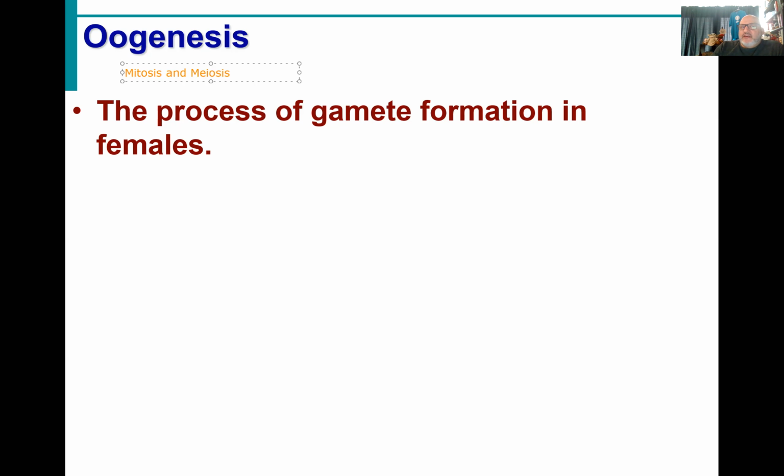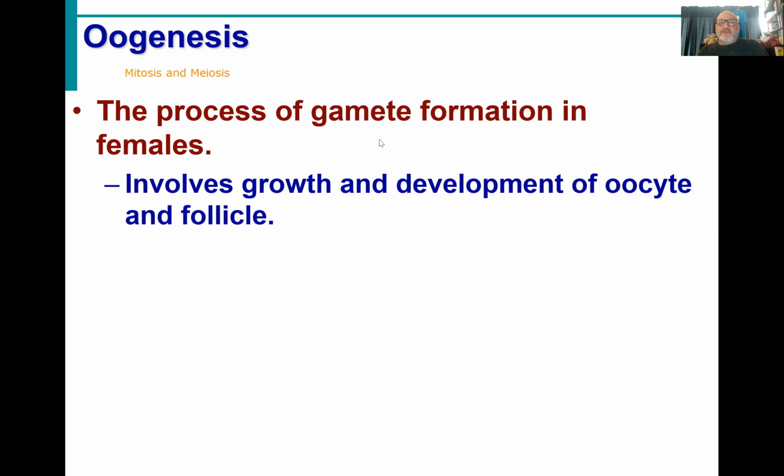Mitosis, meiosis, and oogenesis or something like that? No, it's just going to be mitosis and meiosis. Trust me, just those by themselves are going to be complicated enough. So this process of oogenesis basically involves the growth and development of the oocyte and the follicular cells that surround it.